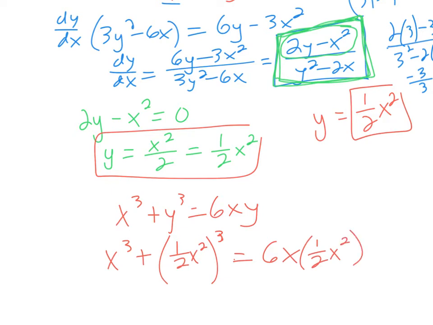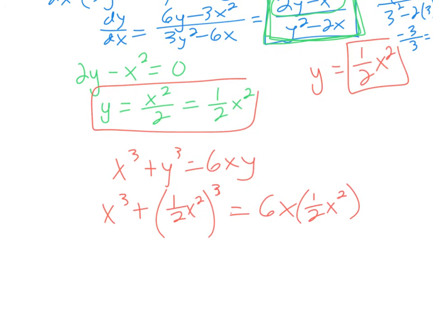When I do that and try to solve, simplifying this, I get x cubed plus, expanding that 1/2 x squared to the third, gives me 1/8 x to the sixth. And if I multiply that right side out, I get 3x to the third. And so I could get all the terms on one side. If I subtract the x cubed over, it gives me 2x cubed.